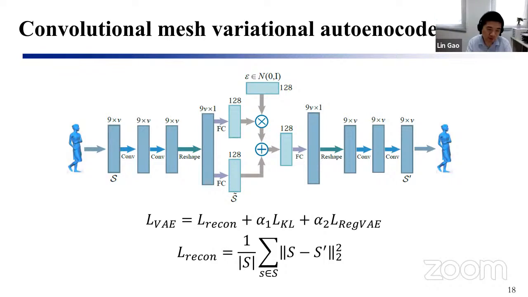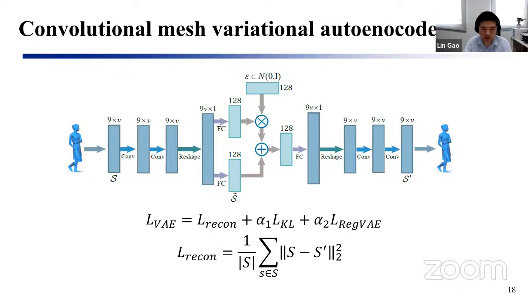The KL divergence is used to measure the distribution of the input model against the Gaussian distribution. So we use the KL divergence to make the input distribution close to the Gaussian distribution, and then we can sample the Gaussian distribution to do the generative task.